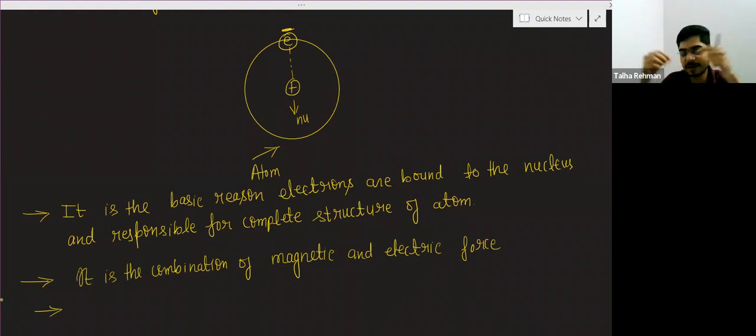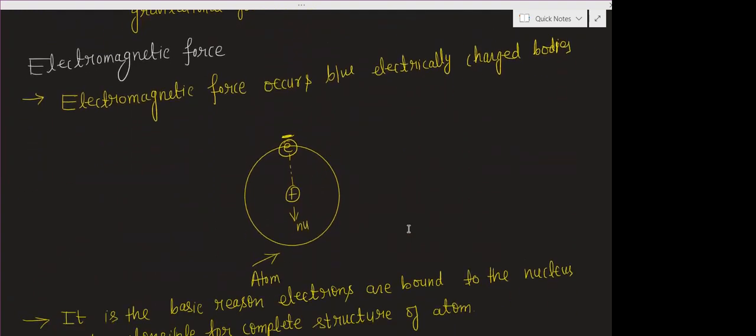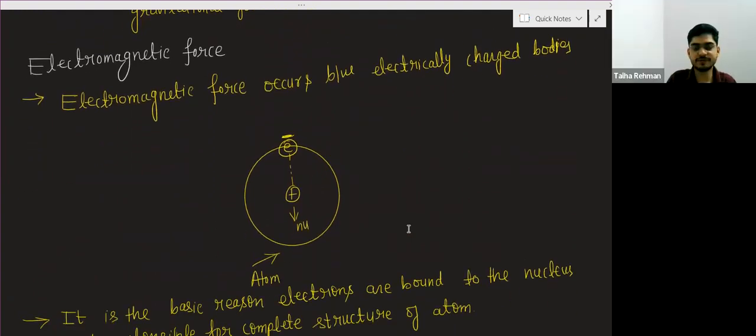Two positive charges will repel each other. One positive, one negative charge will attract each other. So it can be attractive or repulsive. So this is the basic of electromagnetic force.